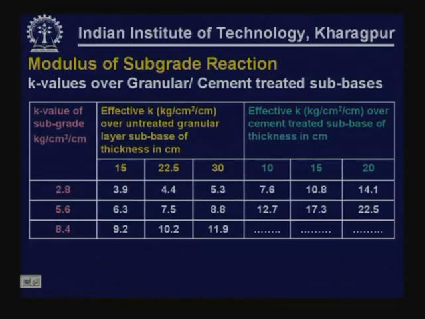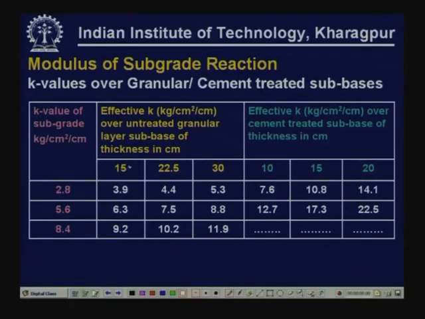That means, over subgrade, if you place granular subbase of different thicknesses, say 15 centimeters. So, if a 15 centimeter thick untreated granular subbase layer is placed over a subgrade having 5.6 kg per centimeter square per centimeter K value, then the combined K value of both these layers will be 6.3.